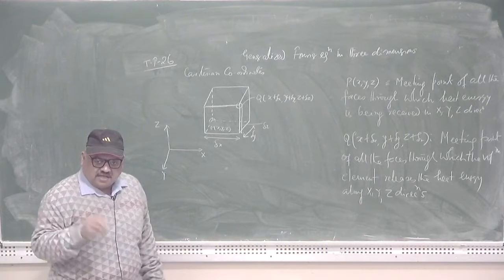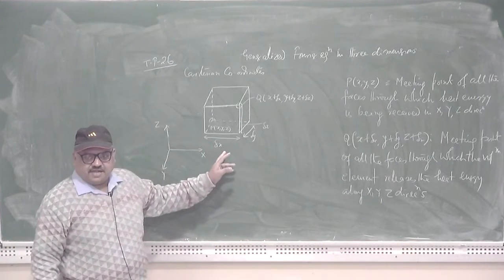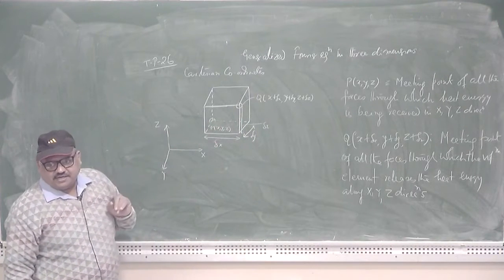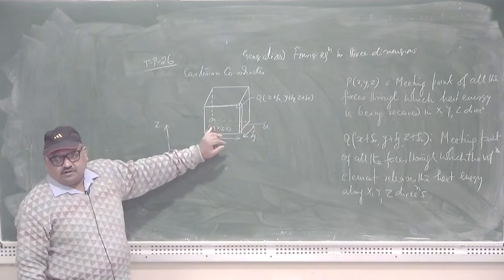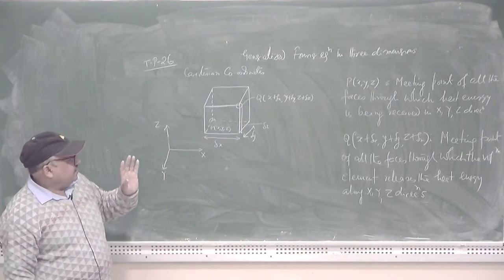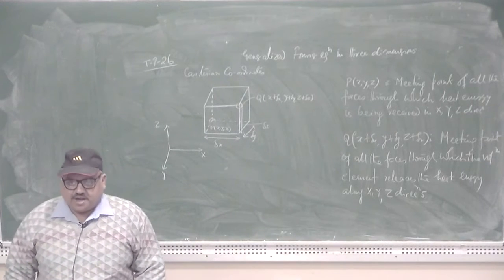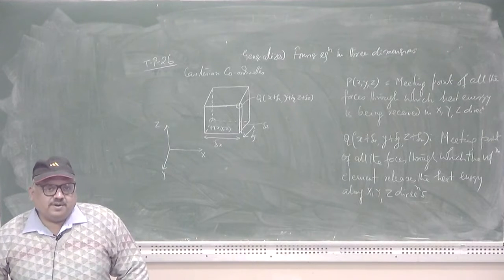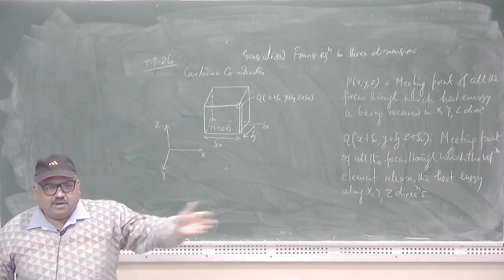This is the formulation of the problem: consider a volume element having the dimensions delta x, delta y, delta z as the coterminous dimensions along the x, y, and z axes respectively. The point x, y, z is the meeting point of all the faces through which heat is being received by the volume element. The point Q, x plus delta x, y plus delta y, z plus delta z, is the meeting point of all the faces of the volume element through which energy is being transferred from this volume element to the surroundings.